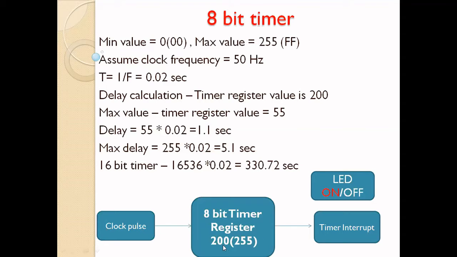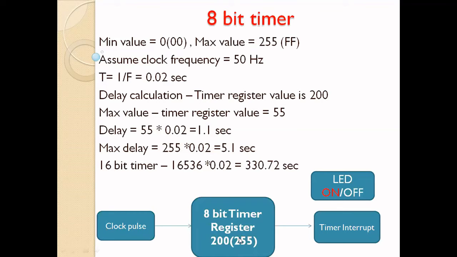Now the maximum value is 255. I am storing the value 200. Every clock pulse, the timer value will get incremented. It will become 201, 202, 203, 204, like that it will increment.